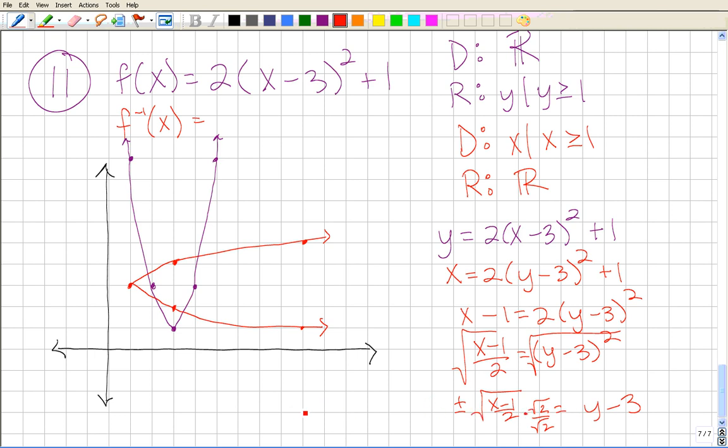So now what I have is the plus or minus square root of the 2 times the x minus 1 is 2x minus 2. The square root of 2 times the square root of 2 is just 2. So I have y minus 3 equals that. So this became that. So then I'm going to add 3 to both sides.